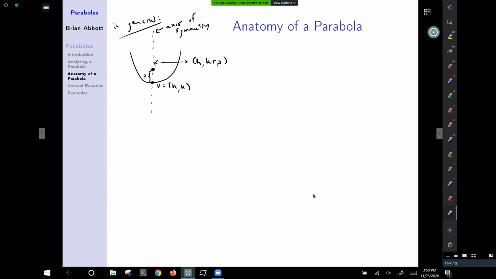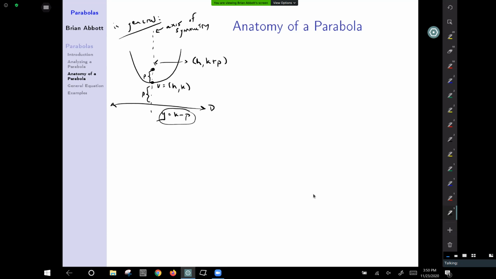Now the directrix line below this shares the same distance from the vertex, so it's down p units. And so this directrix is going to be y equals k minus p, because you started at the y value and went down by that p value. So it shifts down from your vertex by p.